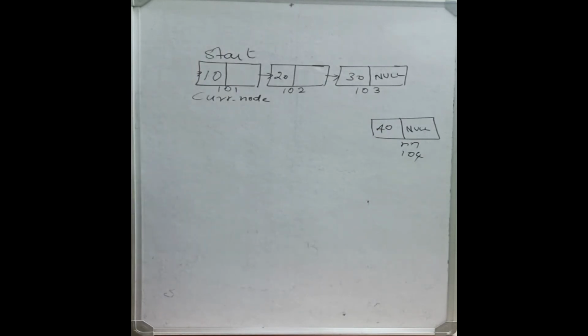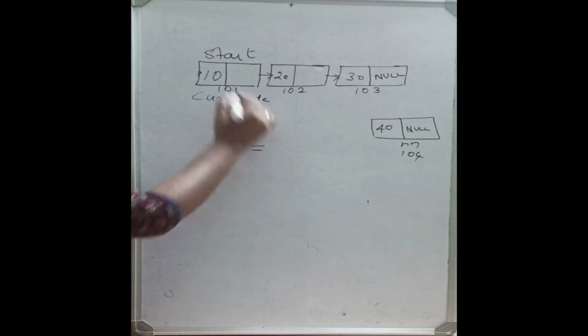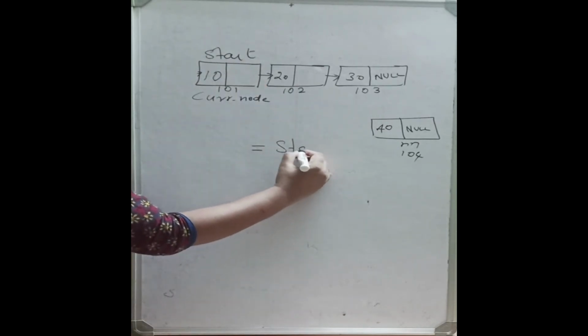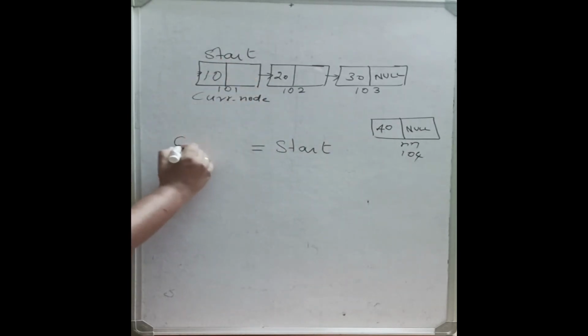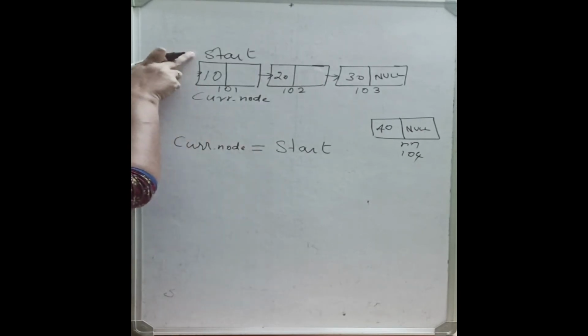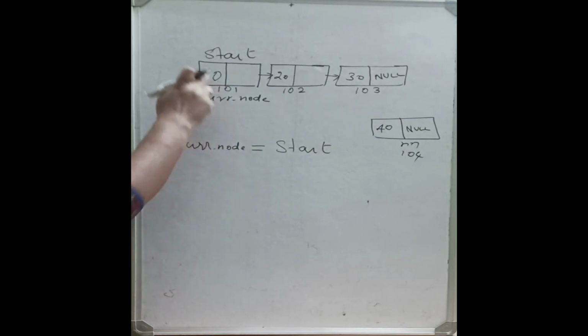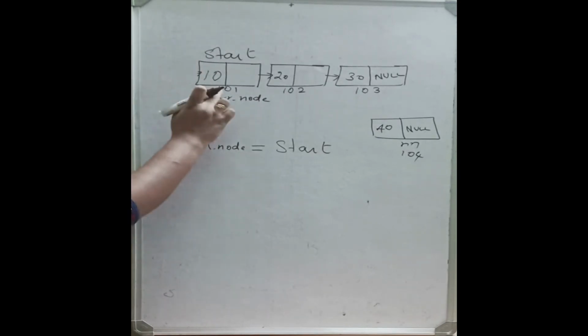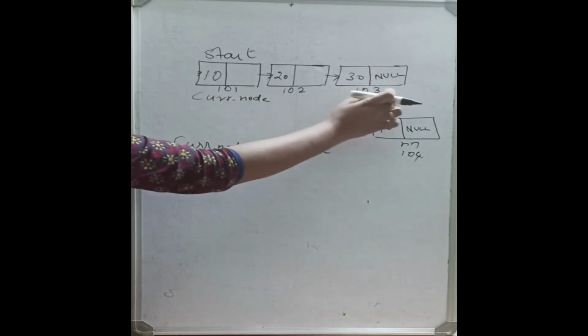So how do I bring it? First, I know only the start pointer. The address in the start pointer will be assigned to one more pointer called current node. So now current node and start pointer will have the same value, 101. Now I have to move this current pointer from here to here, and again till the end.